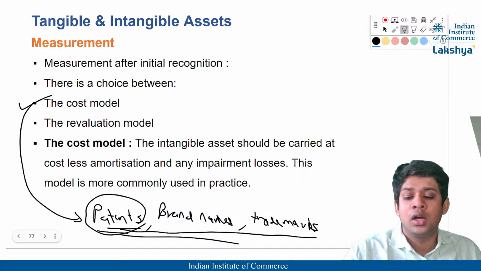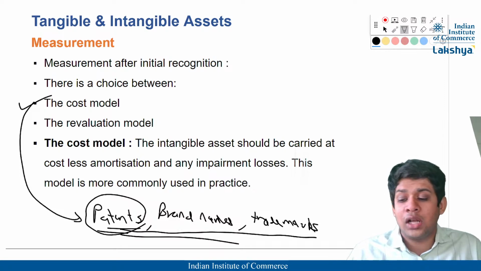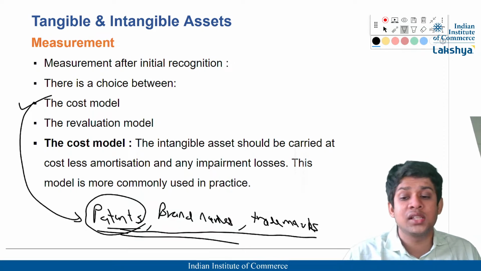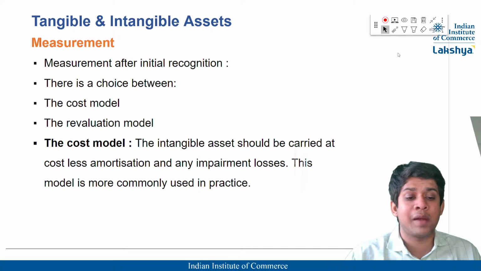They have their own intellectual property for which they've purchased a patent. They have their own brand name which is not available out in the market. They have their own trademark which is not available out in the market. So they are known for their uniqueness, and because they are unique, a fair value in the market cannot be determined for the same patents or brand names or trademarks, because you won't find something the same, right? That is the reason why for them mostly cost models are used. Revaluation models are less frequently used in practice here.